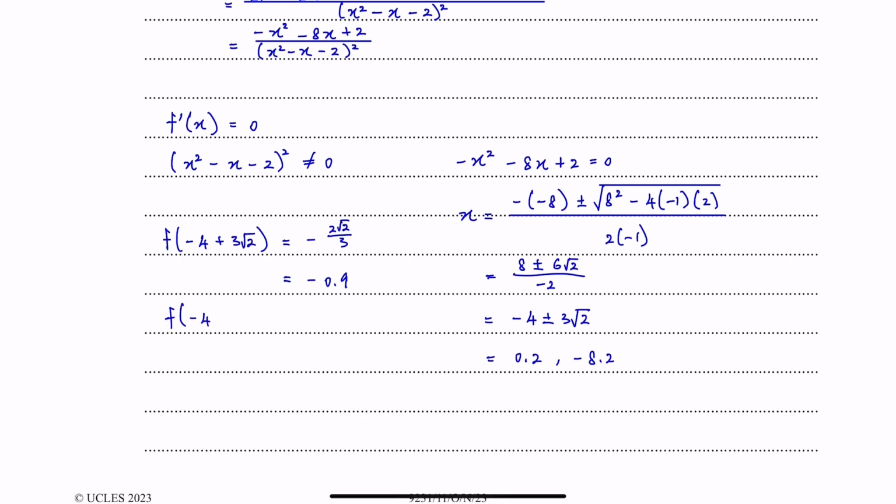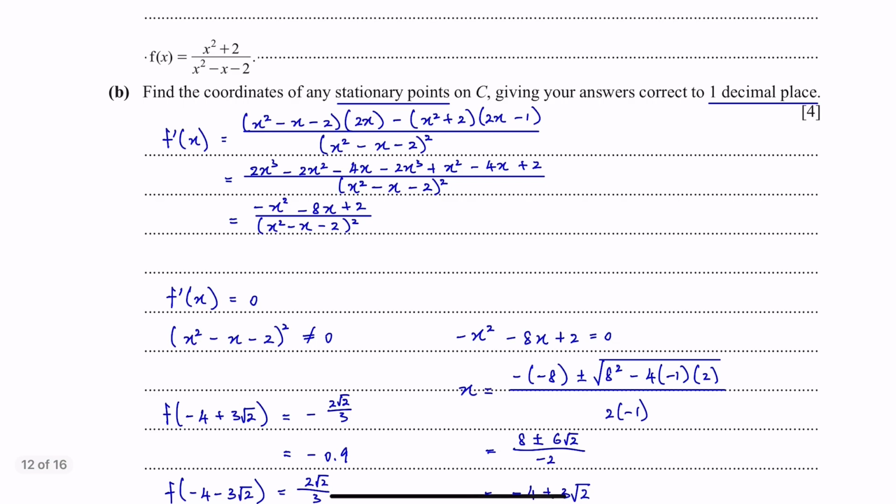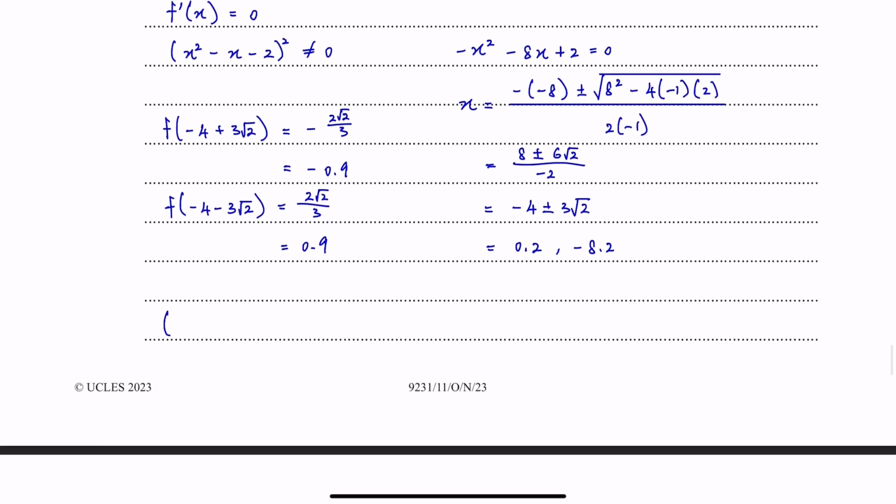And for minus 4 minus 3 sqrt 2, we get 2 sqrt 2 over 3, which is 0.9. So the coordinates of the stationary points are (0.2, negative 0.9) and (negative 8.2, 0.9). That's it.